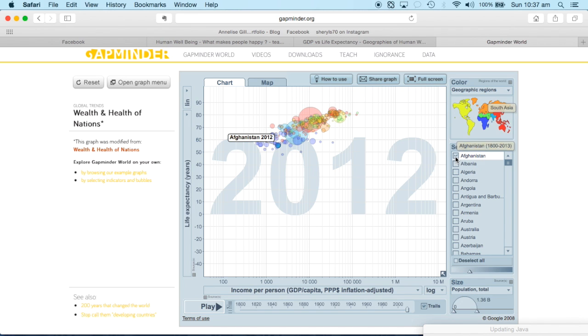So first of all, if we click it, it will highlight that, and if you use this shading tool down here, we can make the other countries more or less obvious. So just a few things to remember before we start.